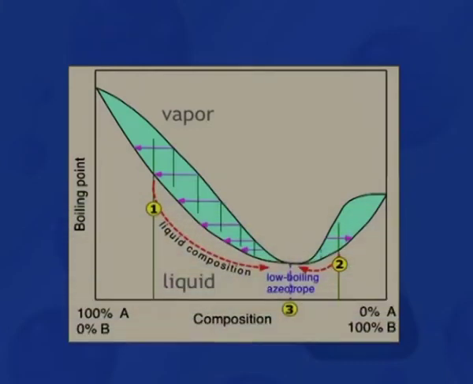Here you can see the phase diagram for this type of azeotropic mixture. This figure shows the constant pressure phase diagram for a minimum boiling azeotropic mixture of carbon disulfide and acetone. The characteristic of such a mixture is that the total pressure goes through a maximum and therefore the temperature goes through a minimum. At this point, the concentration in the vapor phase is the same as the concentration in the liquid phase. This concentration is known as the azeotropic composition.